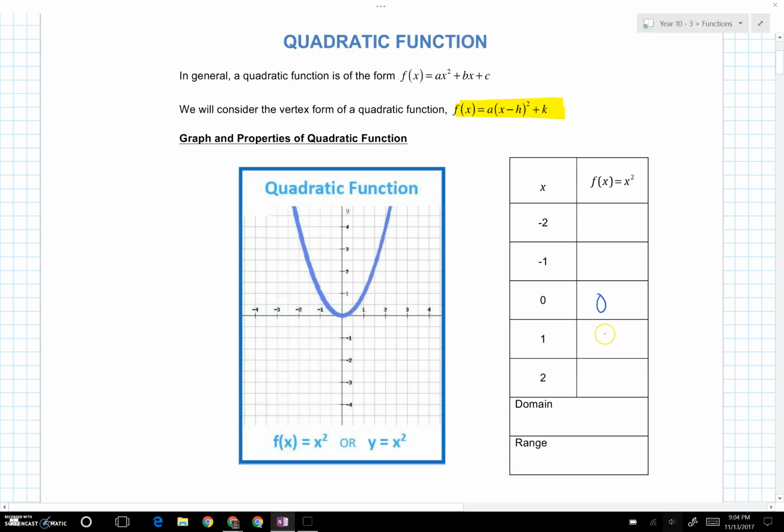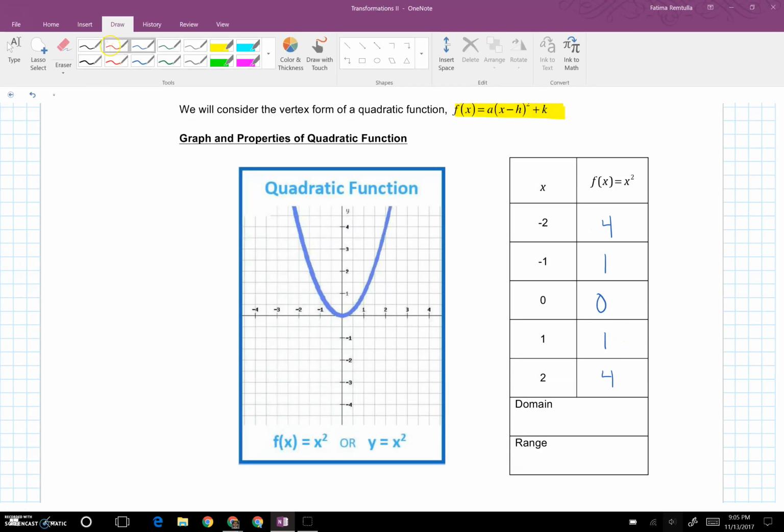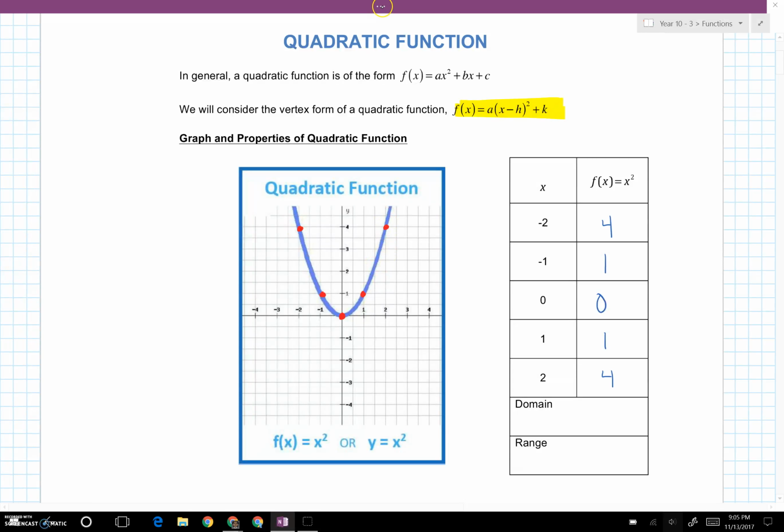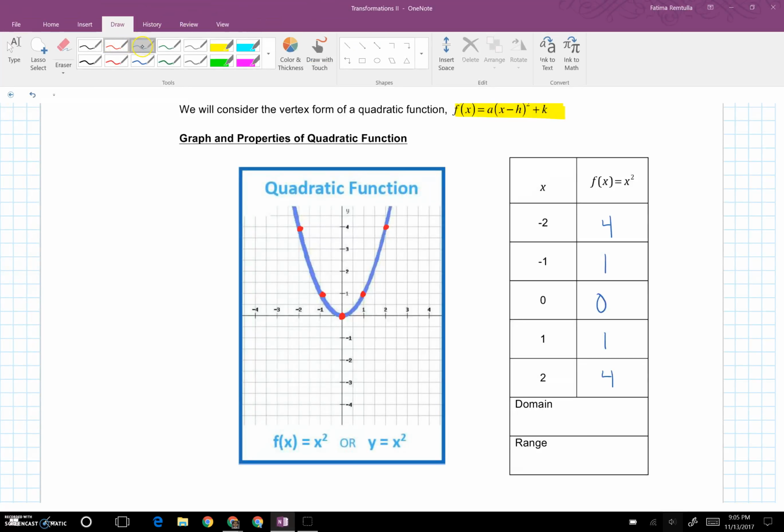I know I have key points at 1, 1 and negative 1, 1. And the other ones are at 2, 4 and negative 2, 4. So again, here I'll highlight them on my diagram. So key points 0, 0, 1, 1, negative 1, 1, 2, 4, and negative 2, 4. Those are my 5 key points that I'm going to be working with.